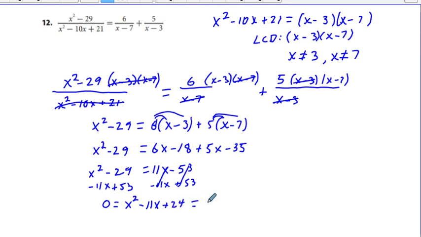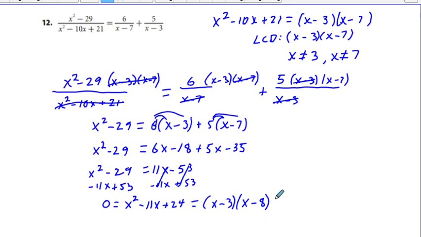Well, and factoring that out, that's going to be x minus, that's going to be 3 and 8, isn't it? x minus 3, x minus 8. Is that right? That should be right.